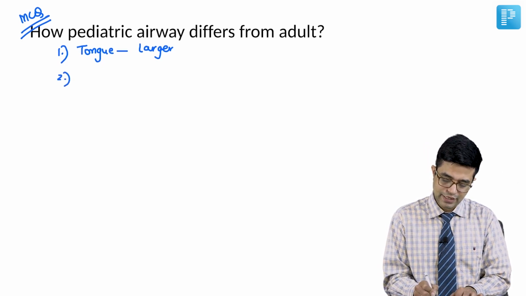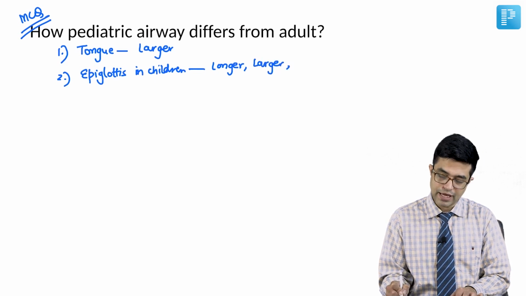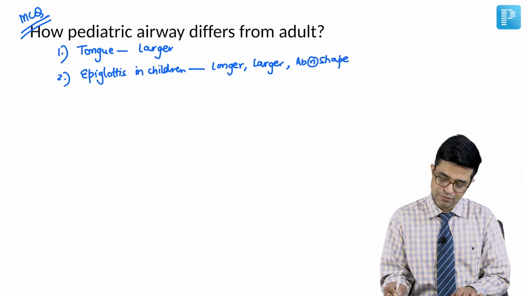Second thing is the epiglottis in children. It is longer, larger and abnormally shaped in many patients.